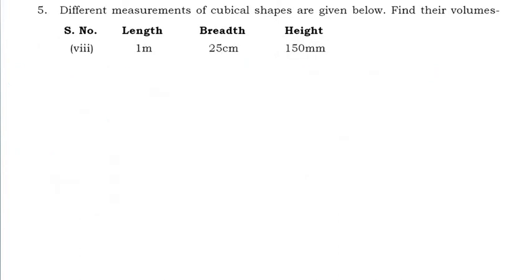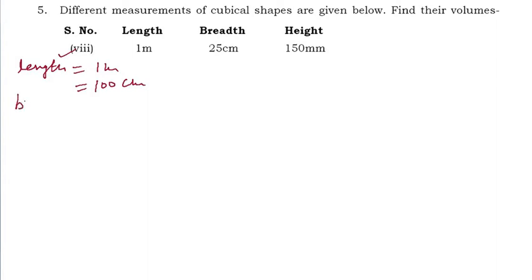Now come to the eighth part of this question. Length is given as 1 meter, breadth is 25 centimeter and height is 150 millimeters. First of all, you can change in 1 unit. So length is given as 1 meter. Change into centimeter, so it is multiplied by 100. So you can say 100 centimeter.